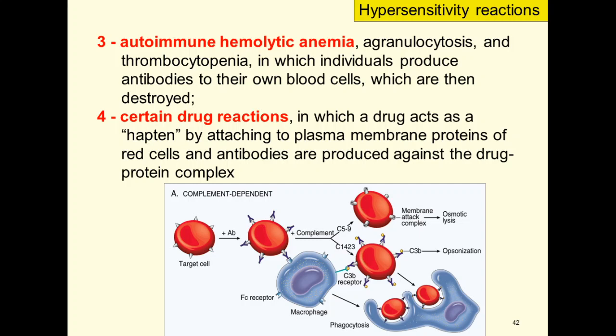Here, instead of antigen, we use the term hapten. So when you read the literature and see the word hapten, it means there are some problems with drugs, problems with autoimmune response against these drugs.